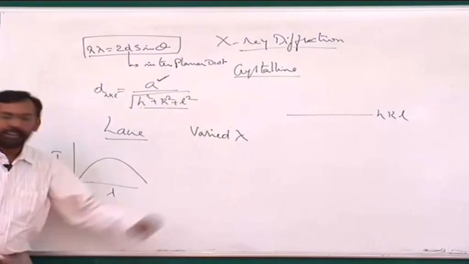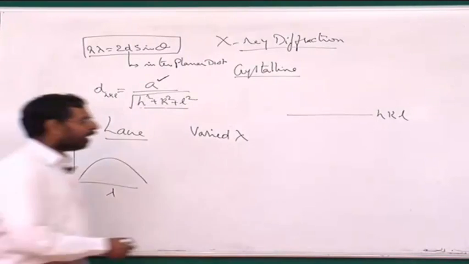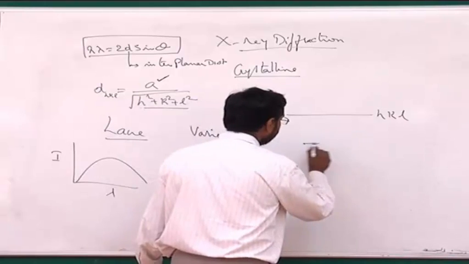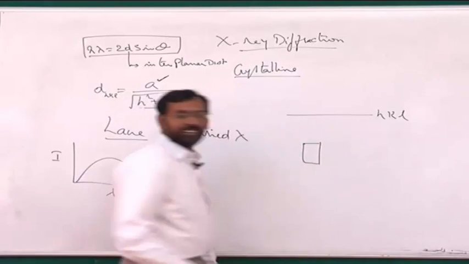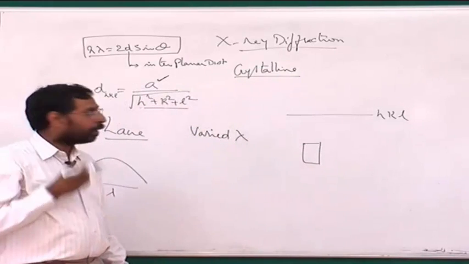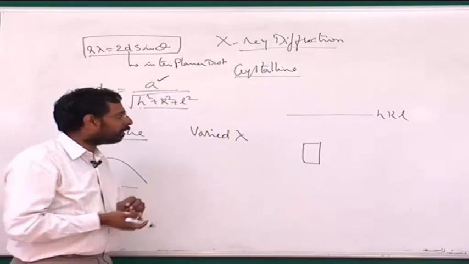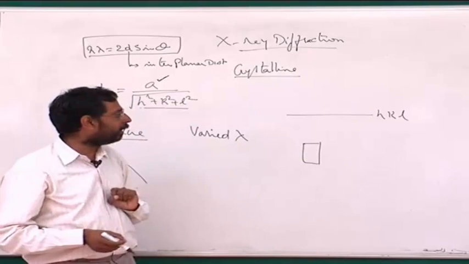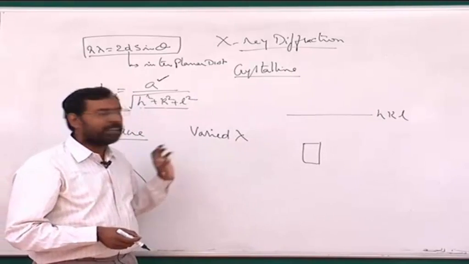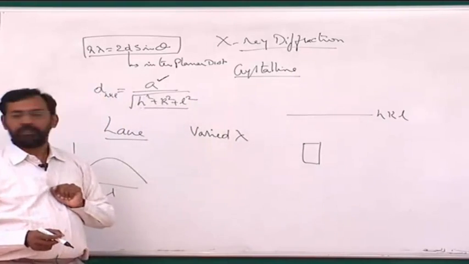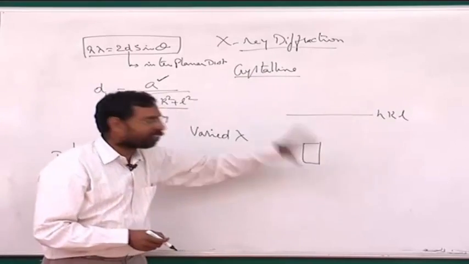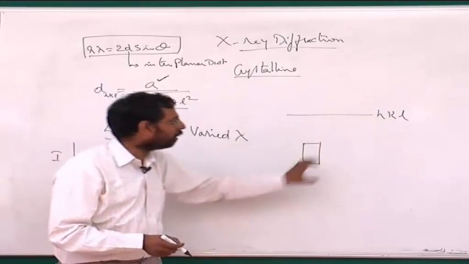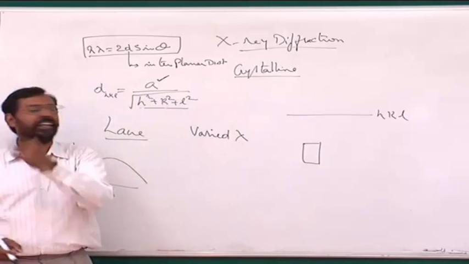Such radiation is sent to a sample which is a single crystal. A single crystal is one where the atoms are periodically arranged inside the crystal in a particular orientation.